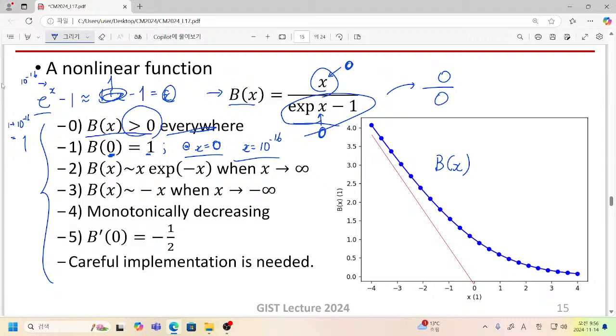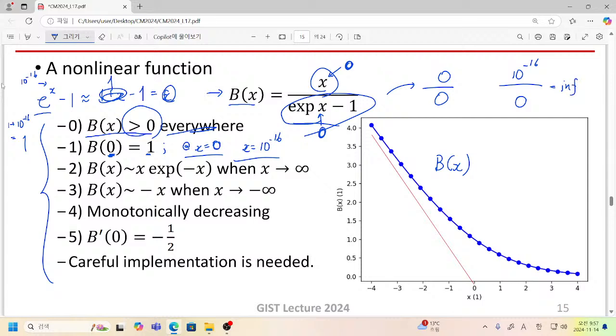Although you must have 10 to the minus 16 as your calculation, since it first takes exponential x within given precision, you get the non-zero value 10 to the minus 16 divided by exact 0, so that will give you an infinity number.